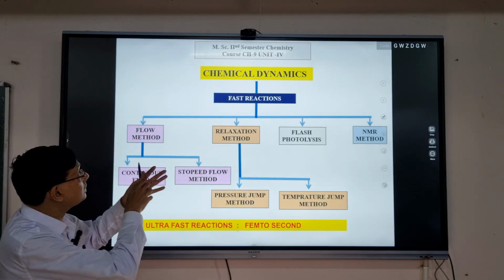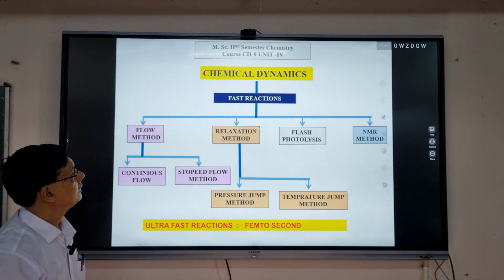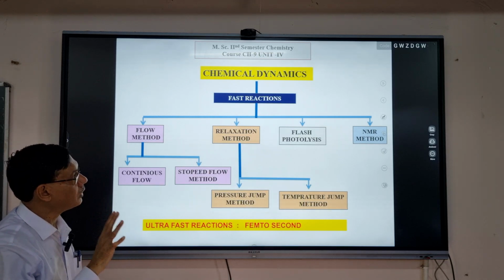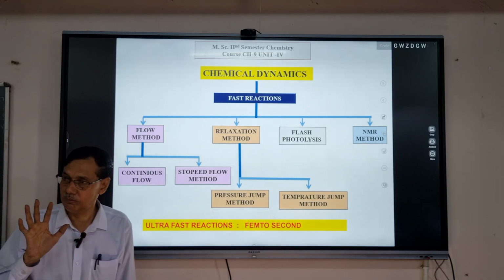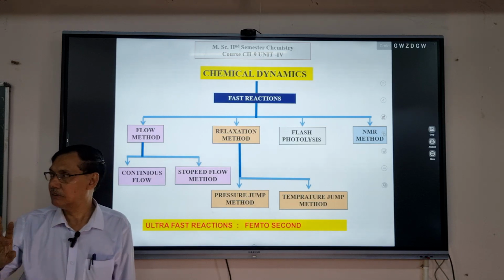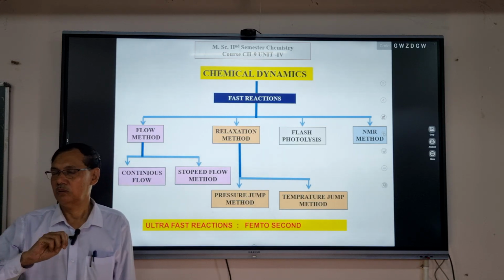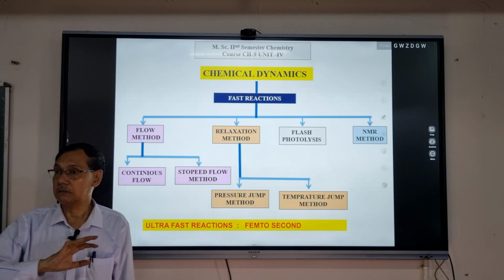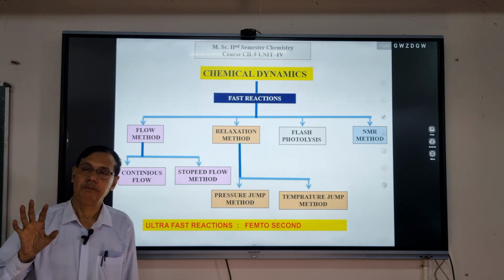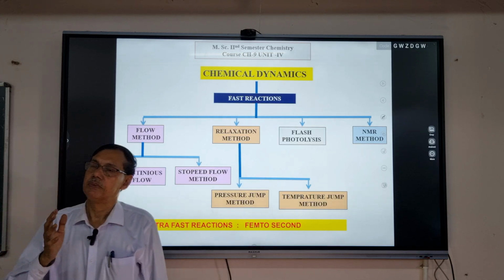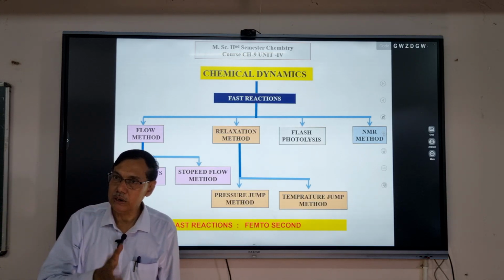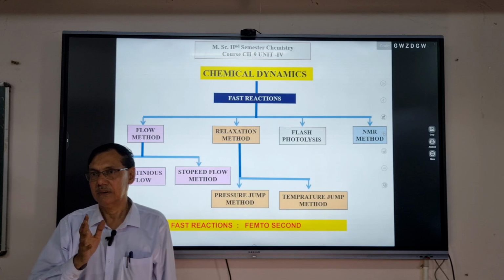So according to your course number 9, there are only 4 methods. You have to learn only 4 methods. Not ultra fast. We have eliminated ultra fast. We have eliminated the pulse laser technique. We have eliminated femtosecond spectroscopy, because that is a little bit difficult and is a research oriented technique.